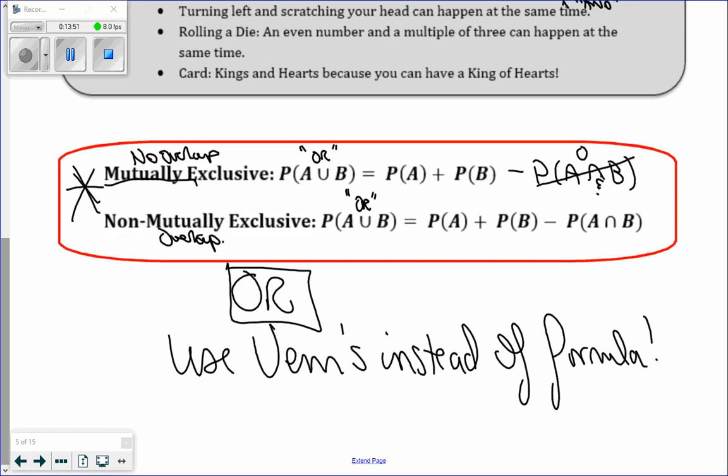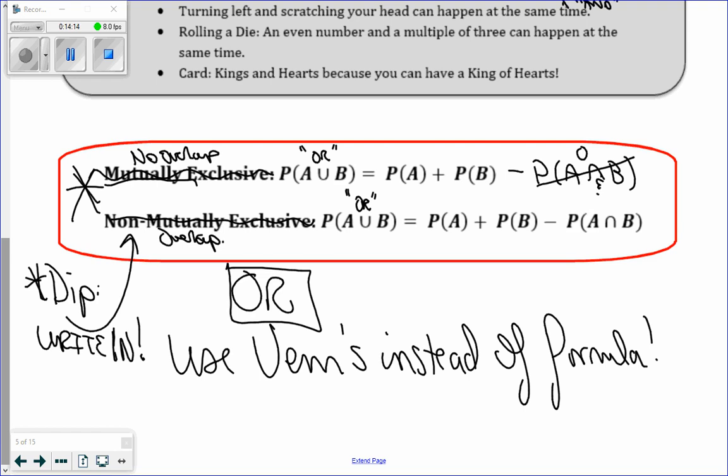Now, you will also notice on your formula sheet, they do not provide you with these words. They give you the formula, but they don't put the words beside it. So for your diploma, you are going to write in those words.